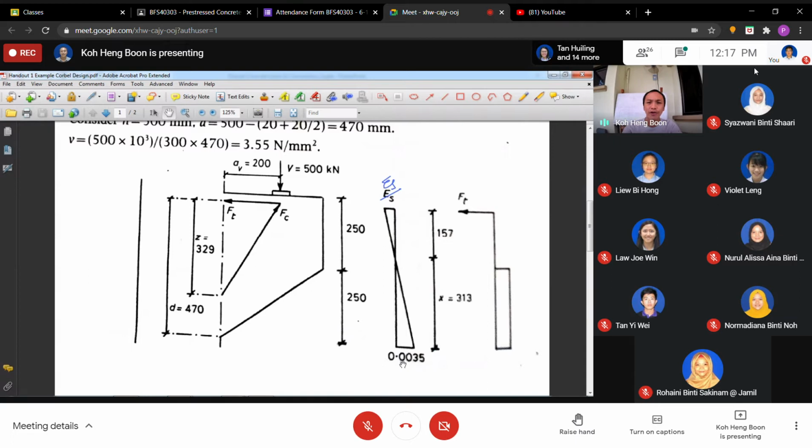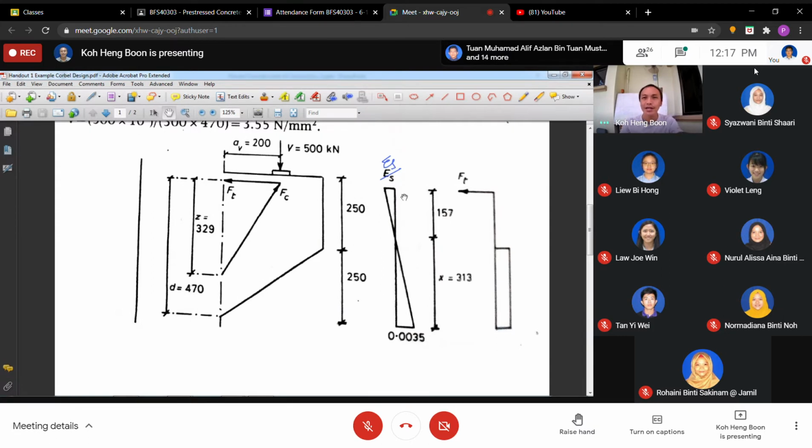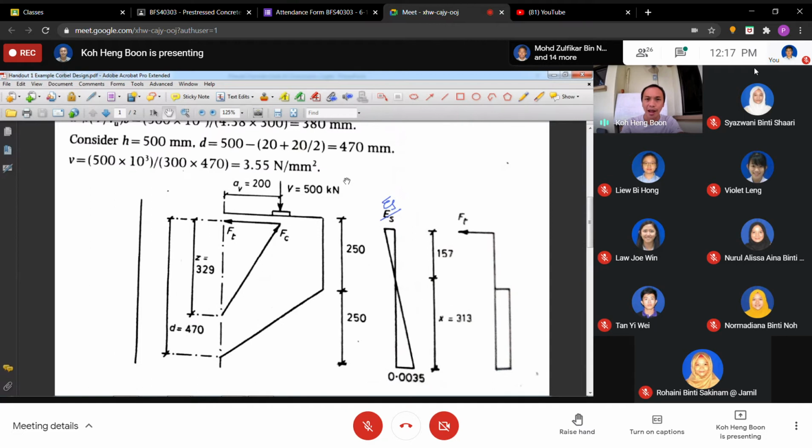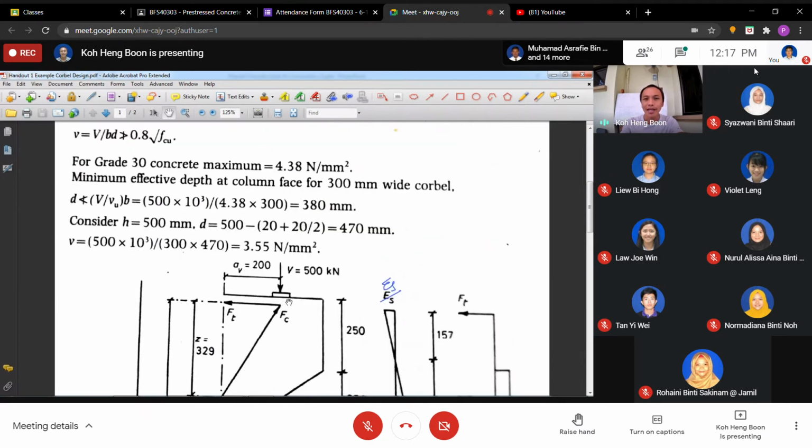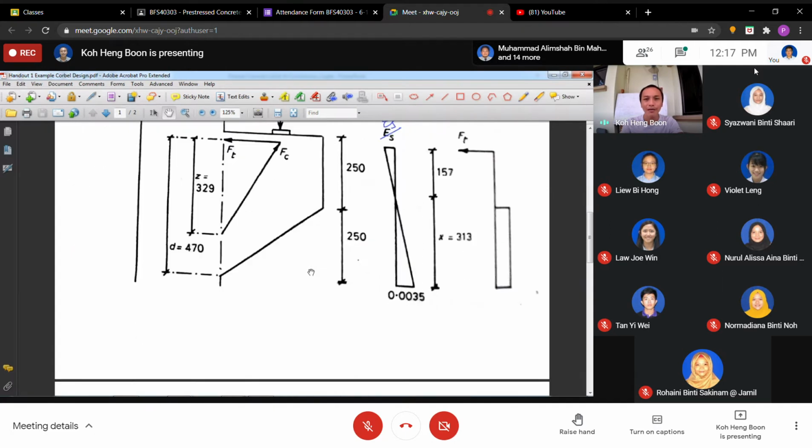Ultimate strain of the concrete is 0.0035. So now how to get all this? And the V is 500 kilonewton. This one is 85 times the just now 250.